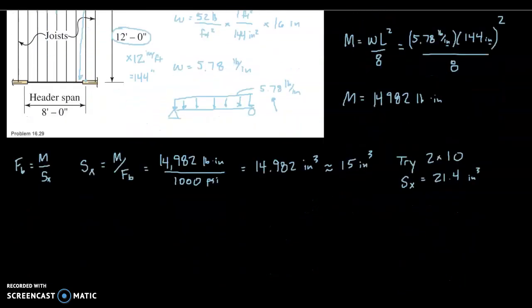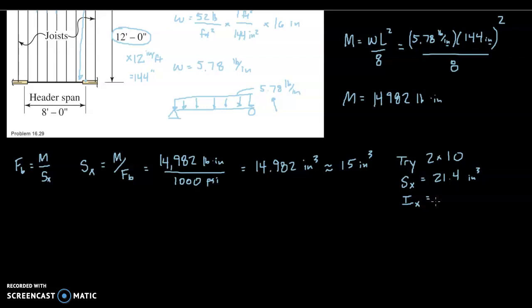Now, the problem statement from the book, I don't think specifically said anything about checking deflection, but you will need to check deflection on the test, so I'm going to include that. So that means we need to take into consideration the moment of inertia, which is going to give the joist its resistance to deflection.